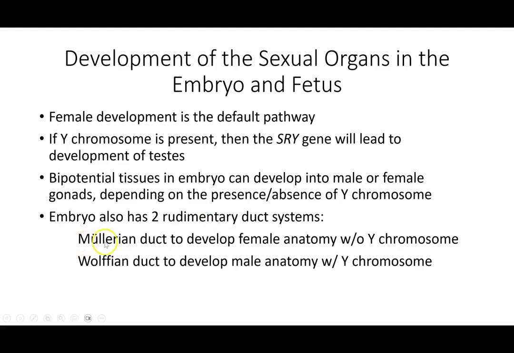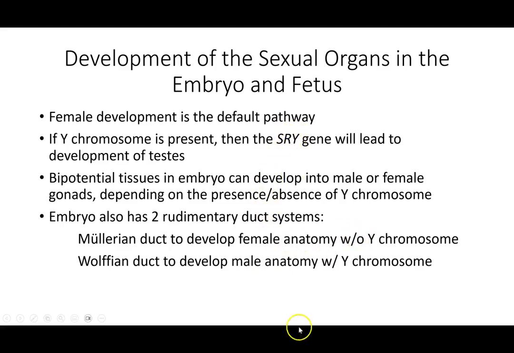The Mullerian duct system is what will develop into that female anatomy of having the ovaries, uterus, and vagina in the absence of that Y chromosome or a non-functional SRY gene. I'll talk more about that in a moment. And then the other duct system is called the Wolffian duct, which will develop into the testes, prostate gland, seminal glands, and penis in the presence of a Y chromosome with a functional SRY gene on it.